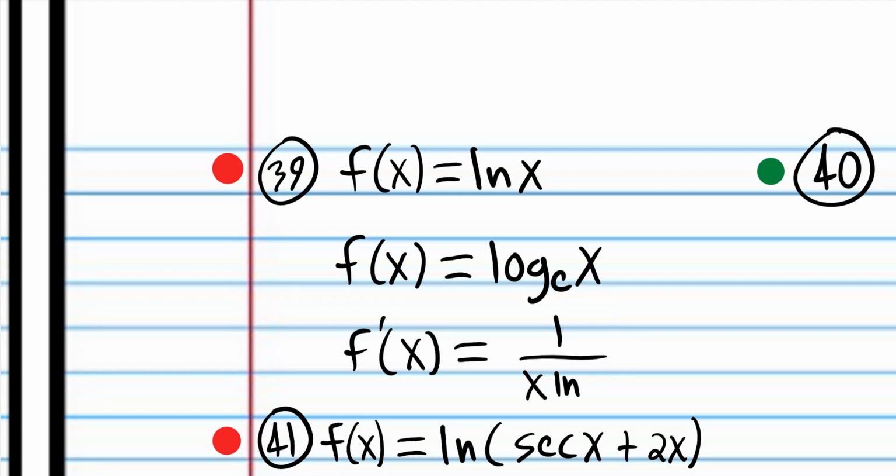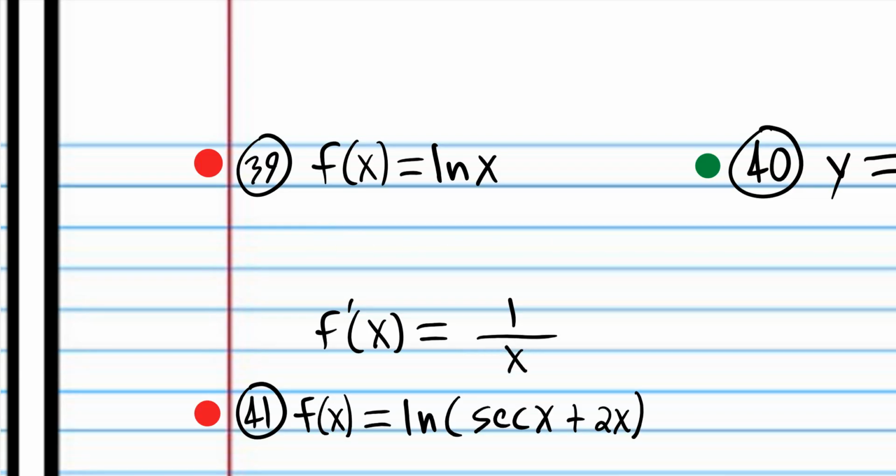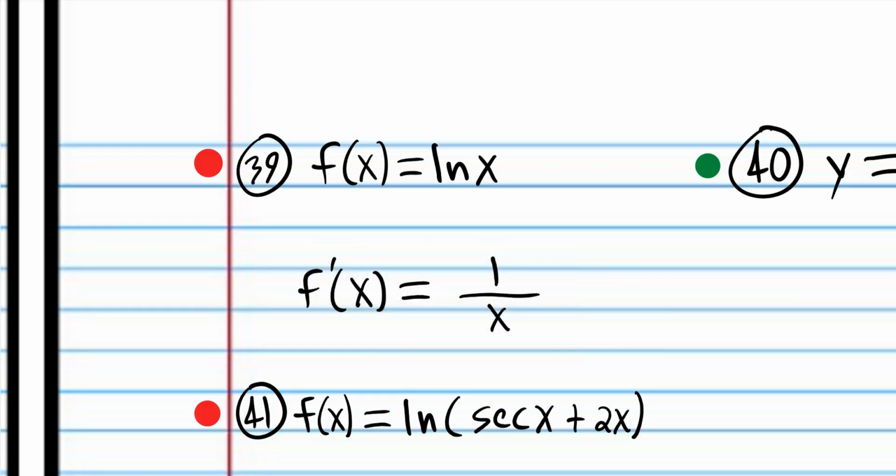So it'd be natural log e. E is just a constant. But remember, natural log e is just 1, so that green expression just disappears. And so we're left with 1 over x. So you can just memorize that the derivative of natural log x is 1 over x. That's the way that mathematicians really think of this. It's just something that you memorize.